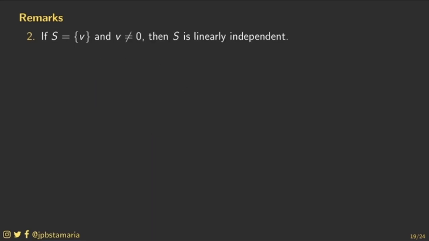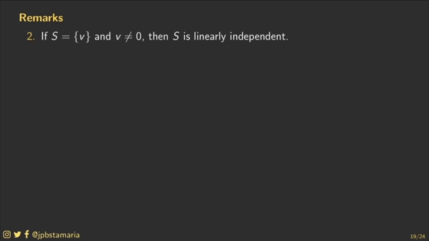Okay? Second remark, if you only have one vector in the set and this vector is not 0, then automatically that means that S is linearly independent. Why?